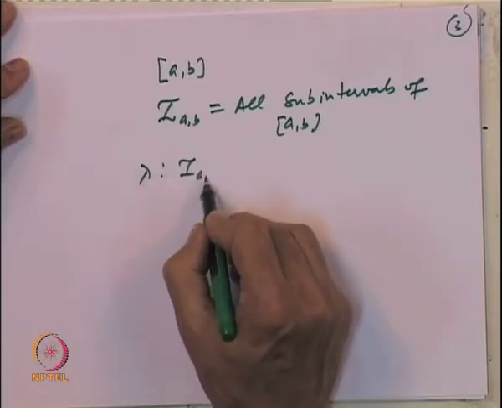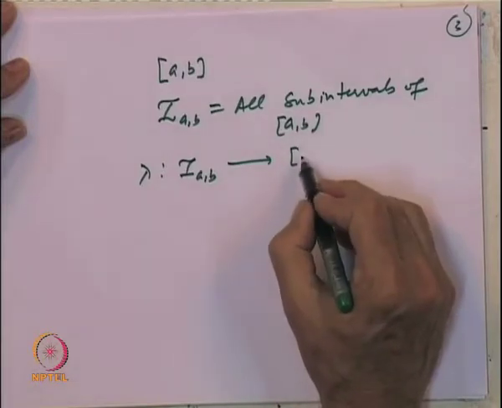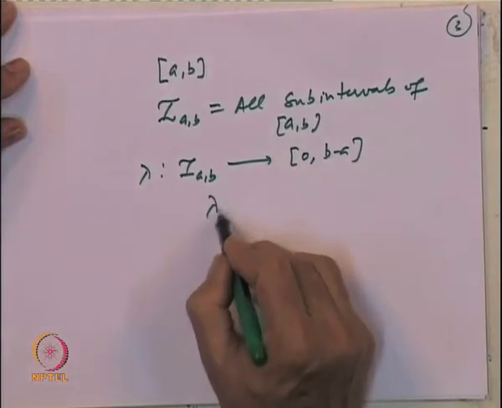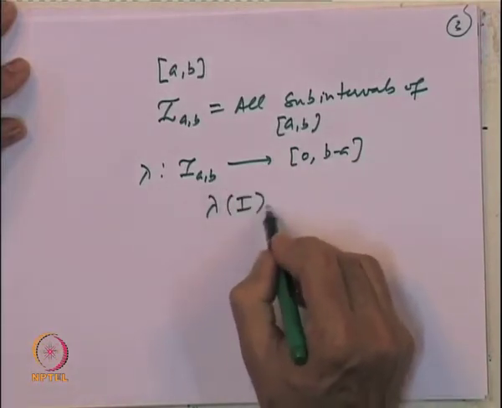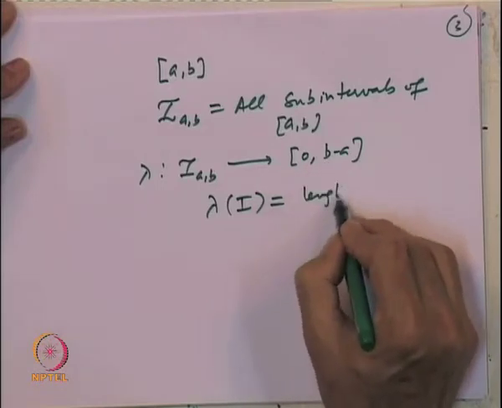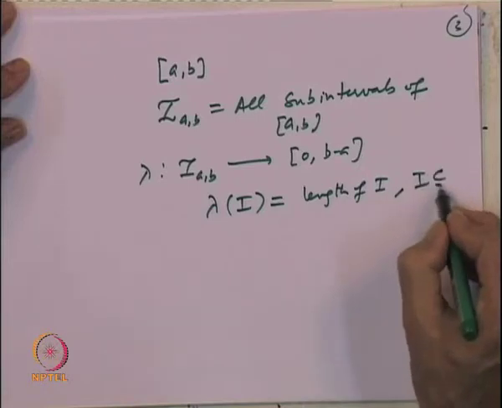So, this will be a function from I tilde a b to 0 to b minus a, where length of I is equal to the usual definition of length, for I contained in a b.